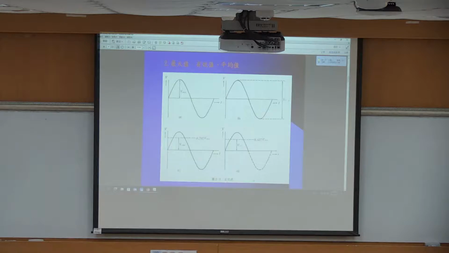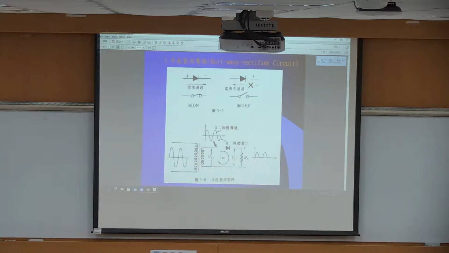There is also the average value, and we have to know that these meanings are different.